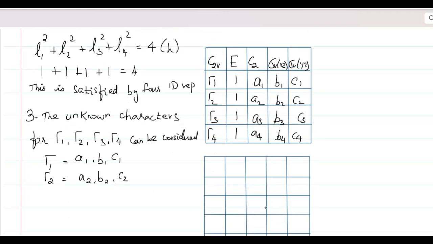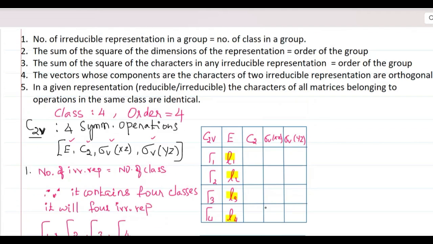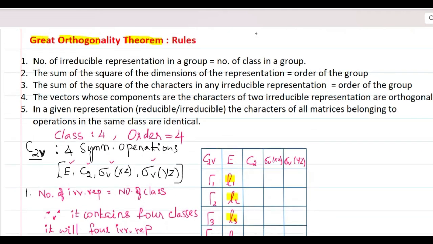Now, what is the third rule? The third rule says that the sum of the squares of the characters of any irreducible representation should be equal to the order of the group. So what we are going to do now?